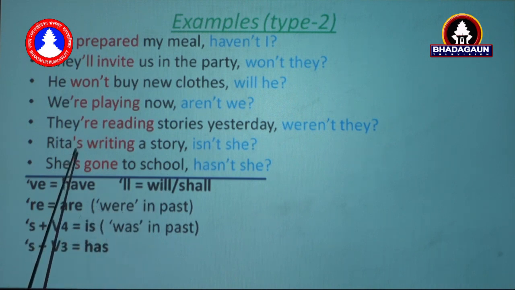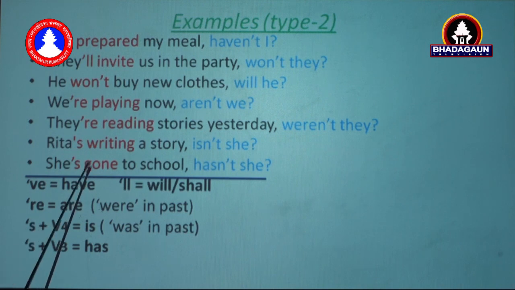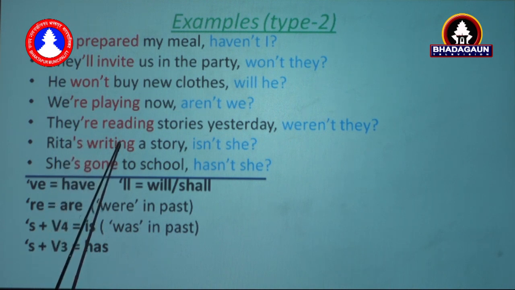Then apostrophe s, two types of apostrophe s questions are here. Regarding this one, here is the rule: apostrophe s then verb 4, verb ing, that is is. Apostrophe s then verb 3, go, went, gone, verb 3, that is has. So what does this apostrophe s mean? We have to see the next word after the apostrophe s. So here is verb 4, writing.